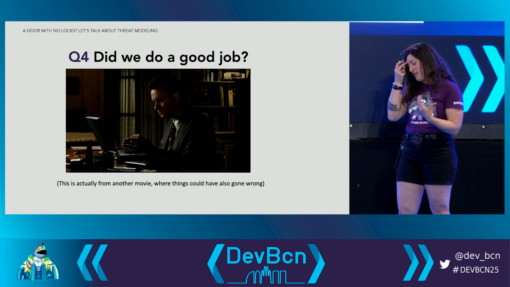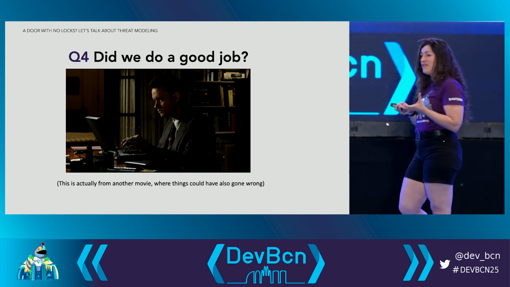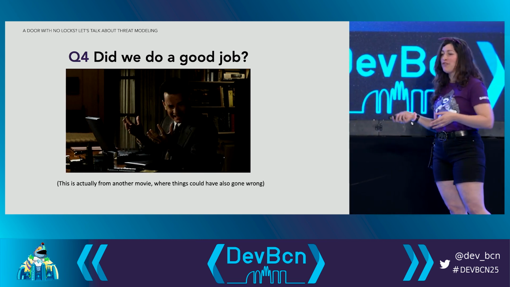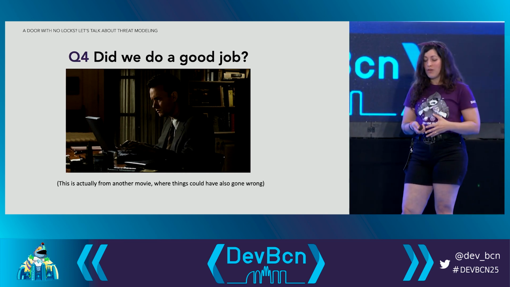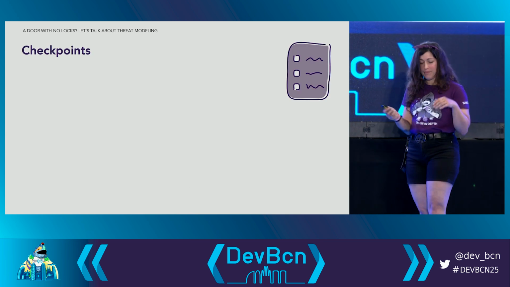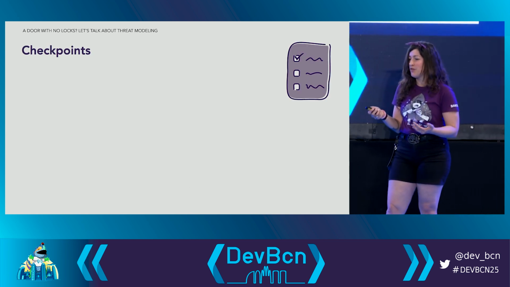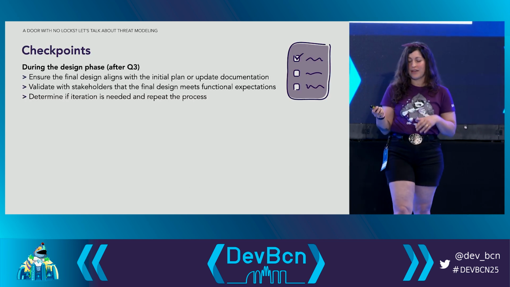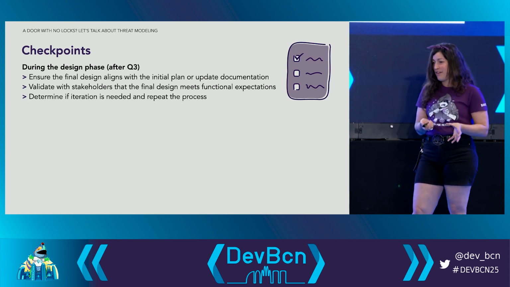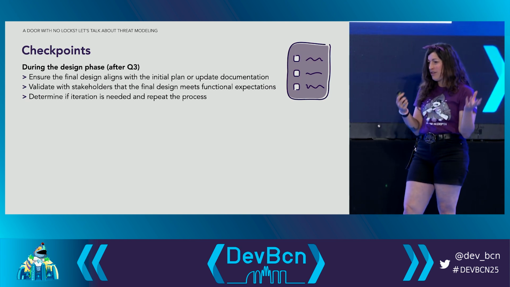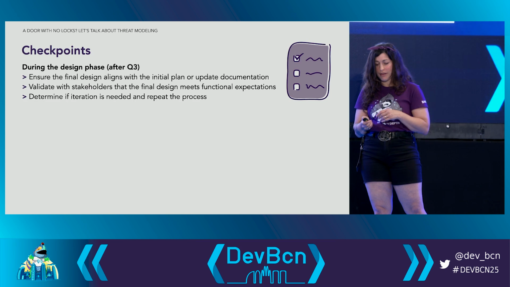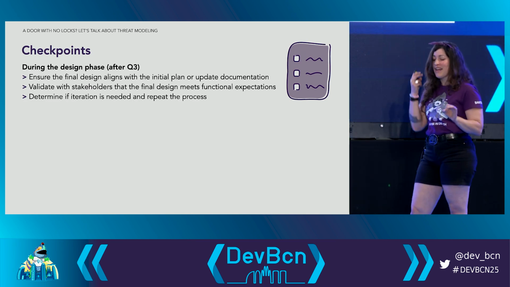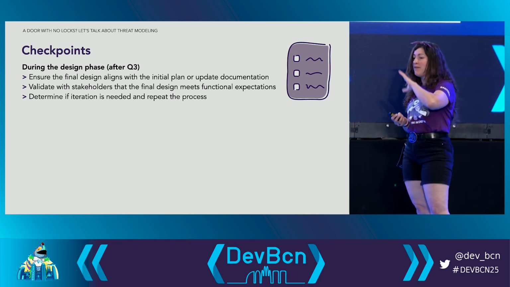And then comes a step where you check: did we do a good job after doing all this exercise? And you write all the documentation and everything. OK, so you are going to run checkpoints here, like a list. If you are in the design phase and you are done spotting the threats, documenting, deciding, et cetera, you ensure that the final design aligns with the initial plan or updated documentation.